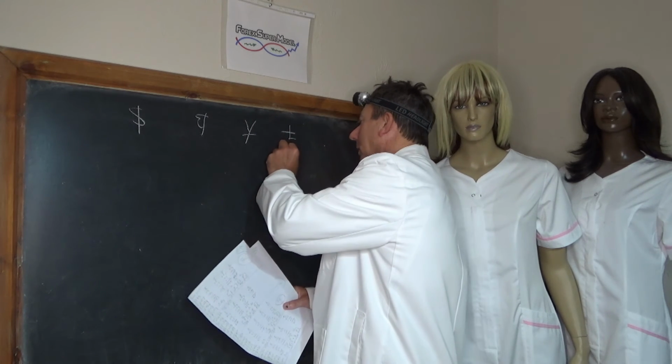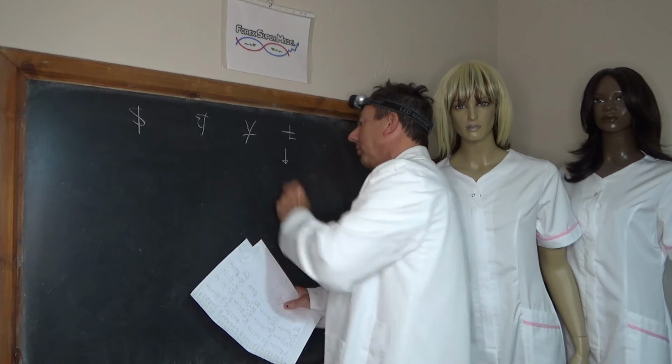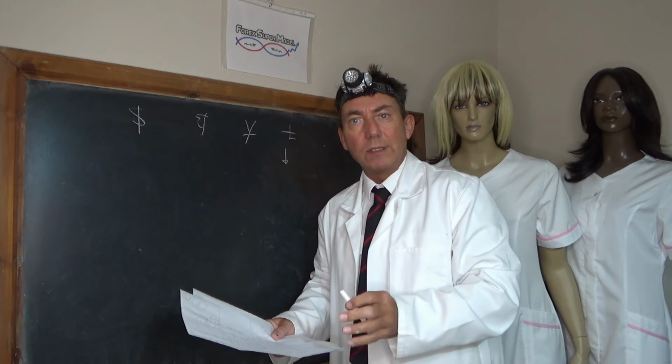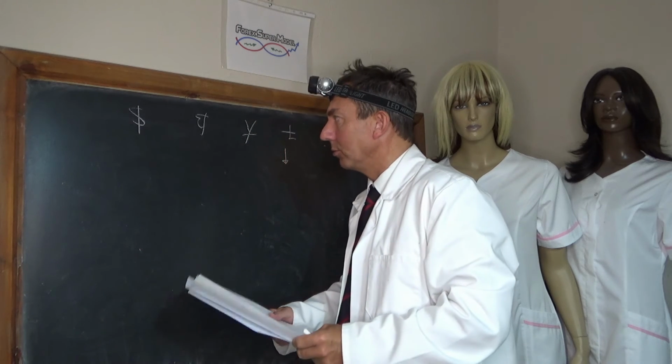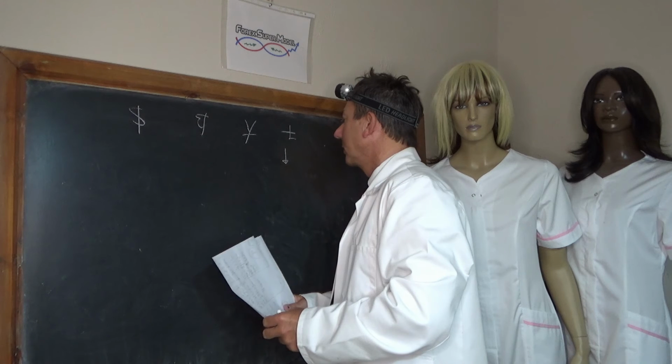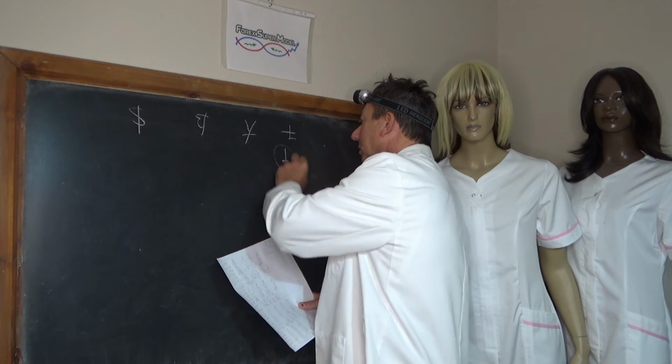So the likelihood is we're going to see pound softness, and we've got pound data coming in Tuesday and Wednesday. We've got the claimant count and the unemployment rate. So that's going to be one of the key features, we think.